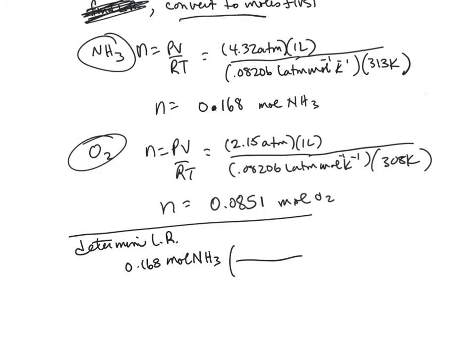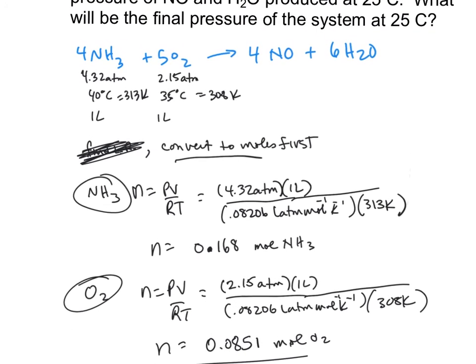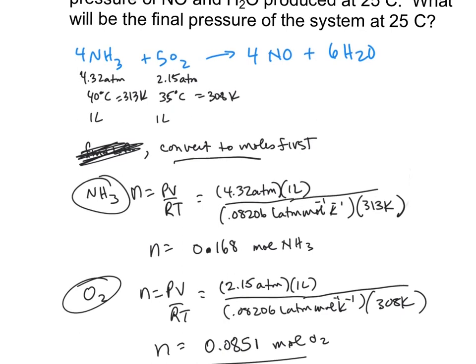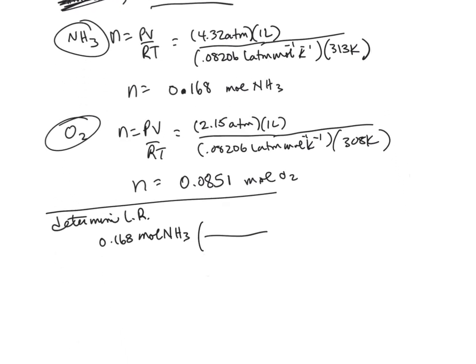And we're going to use the mole ratio, ammonia to NO, nitric oxide, it's 4:4. So we're going to say 4 moles of NO for every 4 moles of NH3. And the amount of NO formed will be 0.168 moles of NO.